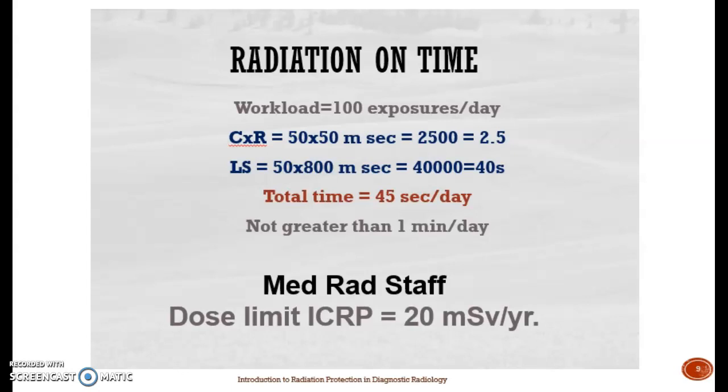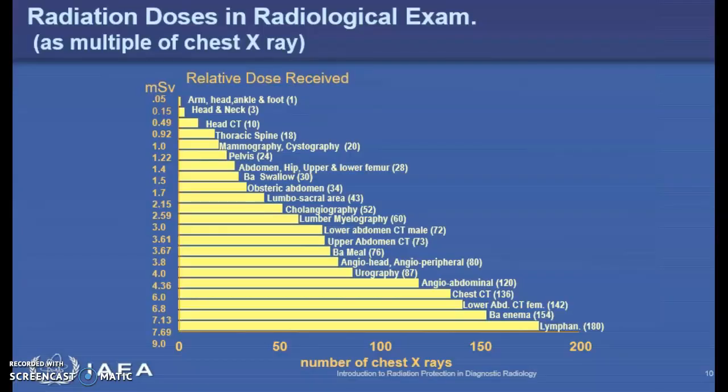When you multiply your absorbed dose by a value or a weighting factor given to the type of radiation you're dealing with, in our case it's X-ray, then you get an equivalent or effective dose that is represented in the sievert or in the millisievert. We will be looking at this more closely in one of the other units, so don't pay too much attention to this right now. So these are typically the type of exams you will be dealing with in the radiology department.